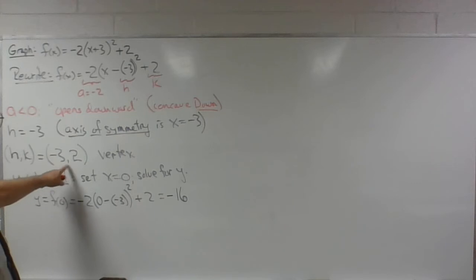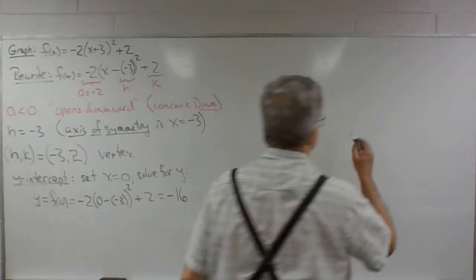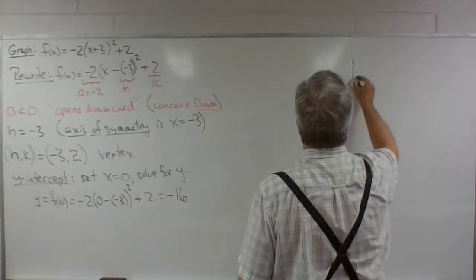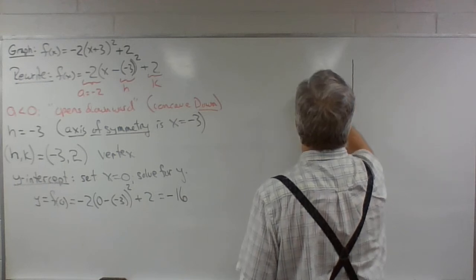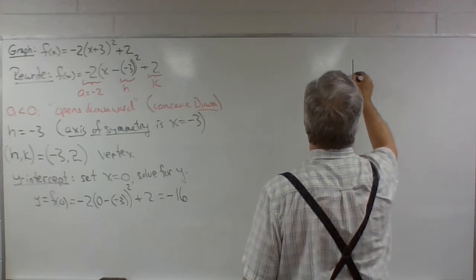The vertex is (negative 3, 2), and the thing opens downward.